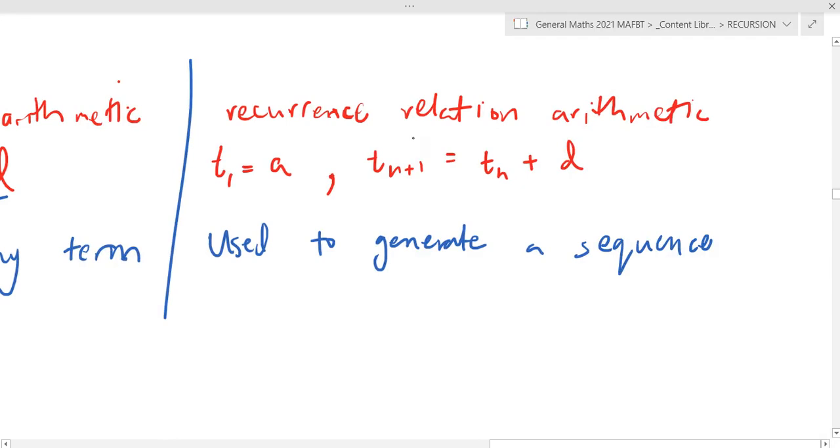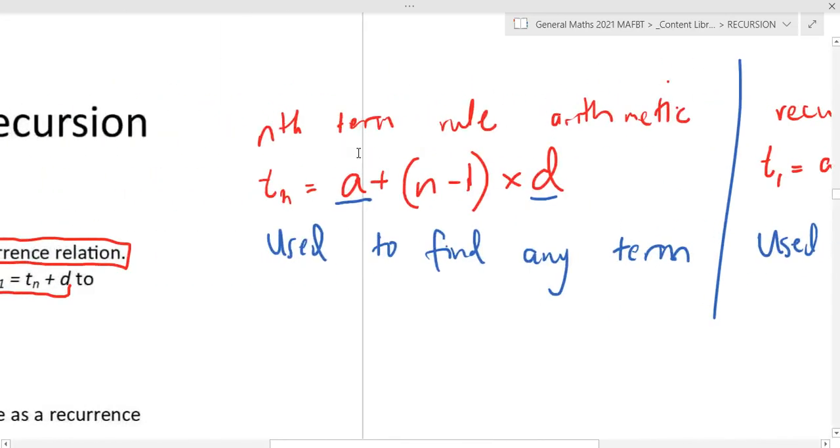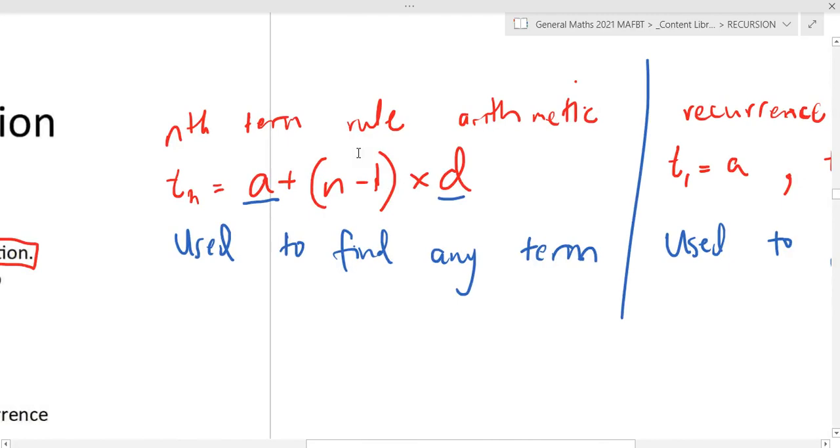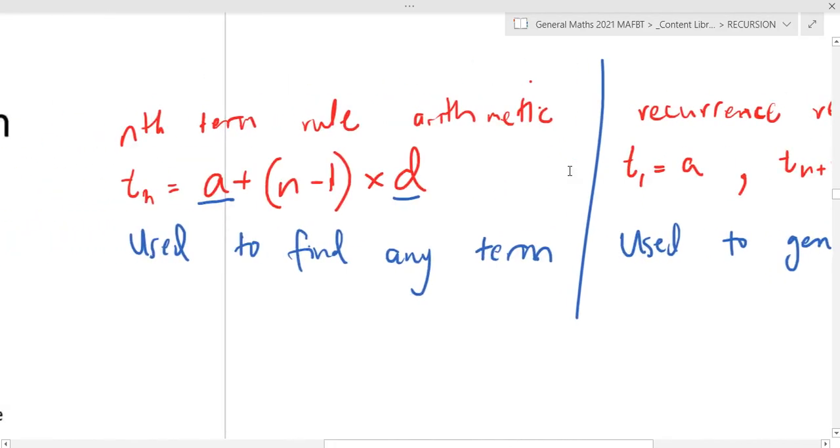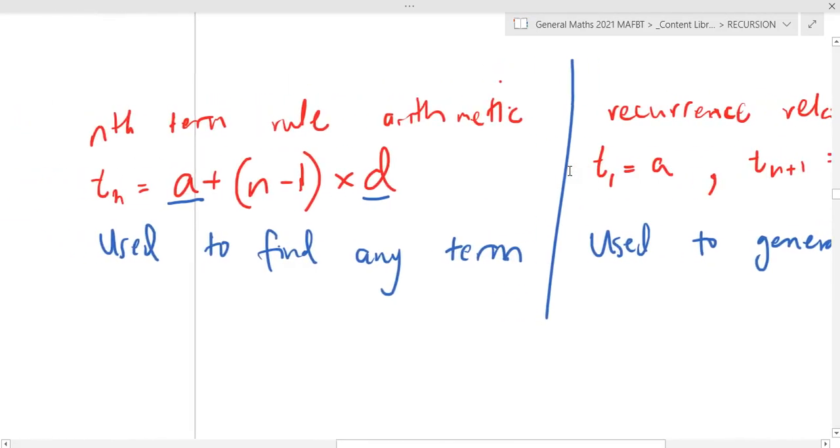Okay, does that make sense? Generate means just to list down the next 5 numbers. Whereas for an nth term, it might ask you, what is the 100th number? So there's a slight difference there, but they're both similar, because they both have very similar information.